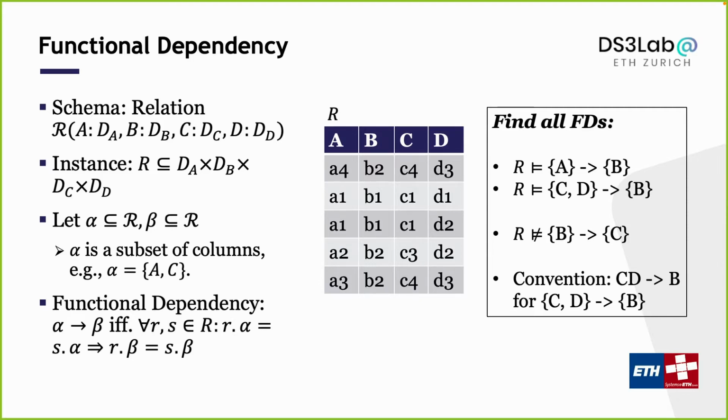Let's try to find all functional dependencies in this relation instance. So let's look at the first one. Is there a functional dependency from A to B? A is a subset of attributes which only contains 1 attribute, the first one, and the question is whether the first attribute decides the second attribute.